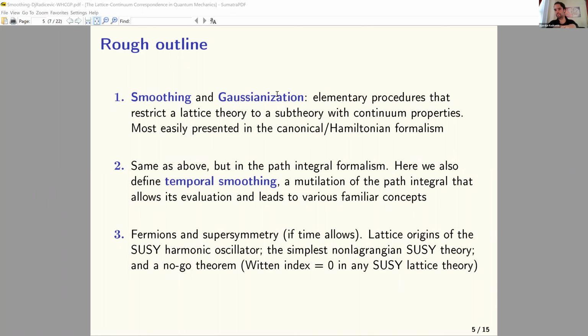Then I will formulate the same story using path integrals. And then there will be the extra quirk of having to think about the discretization of time as well. So the primary object is going to be the discretization of the target space, but I will also talk about the discretization of time.